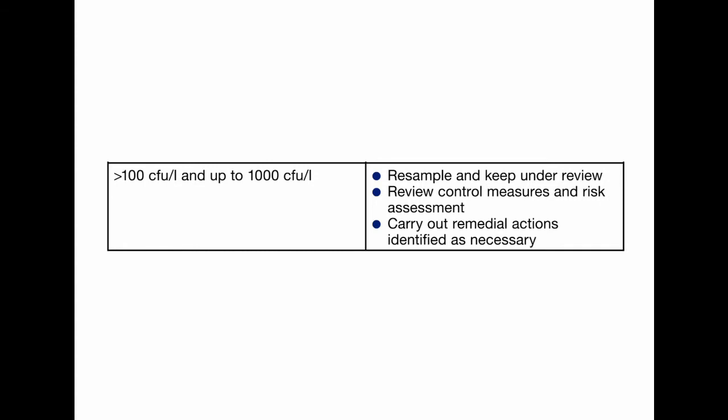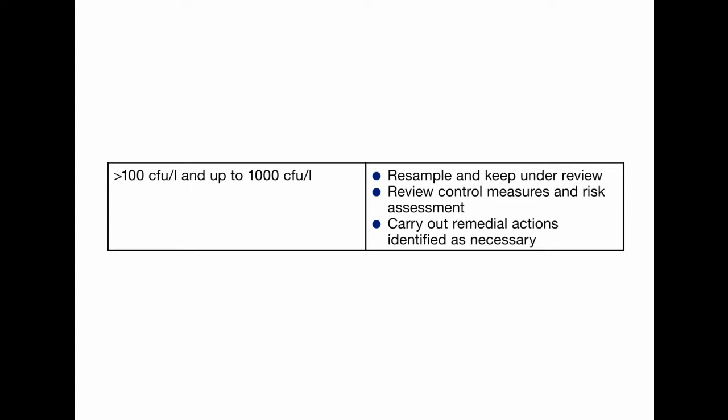Anywhere between 100 and 1,000 colony forming units of bacteria per litre, you need to get a resample done to find out whether this is an isolated problem. If the resample comes back and again indicates that you're between 100 and 1,000 colony forming units per litre, it points to an underlying systemic problem with the way that spa pool is being managed.